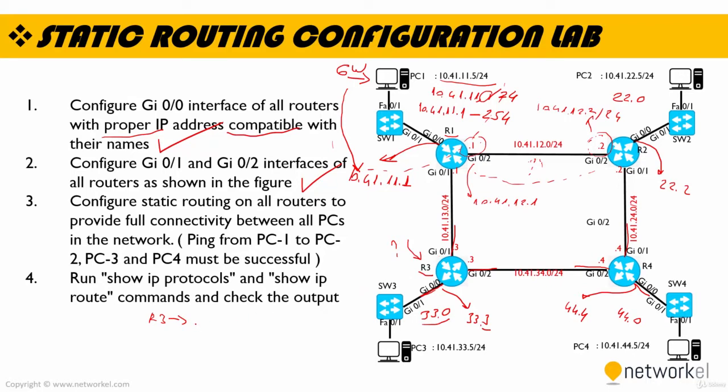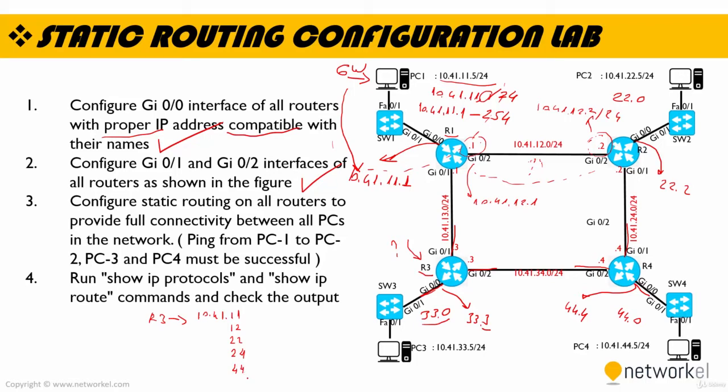For router 3, I need to use static IP routing statements for these networks: 11, 12, 22, 24, and 44.